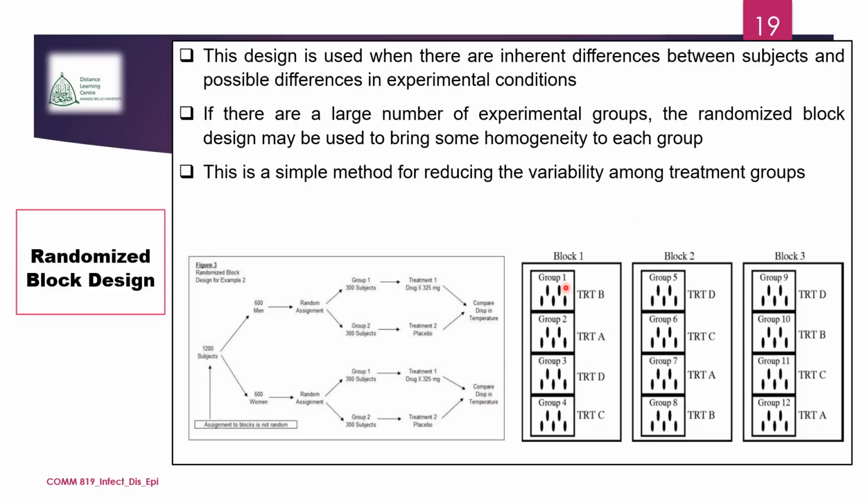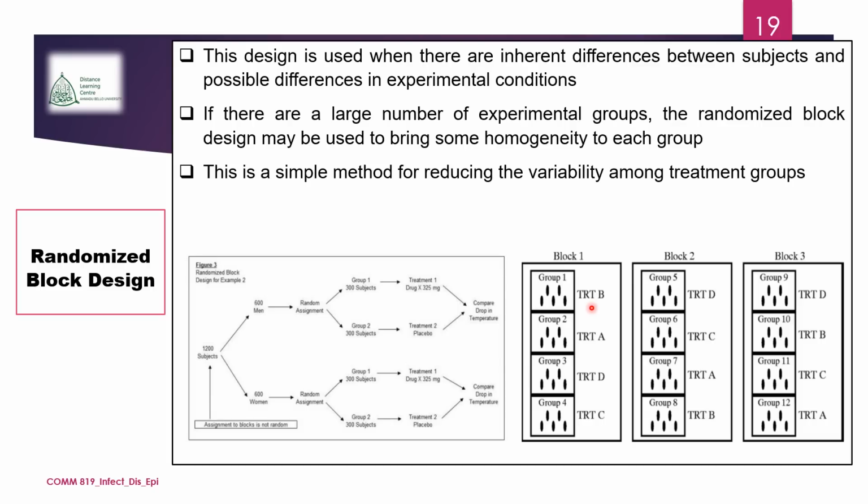Okay, maybe you have group 1, 2, 3, 4, 5, 6, 7, 8, 9, 10, 11, 12. All right, and you have treatment A, B, C, and D. So based on your randomized block design, under your block 1, the first group will be given treatment B. Okay, you randomize the treatment.